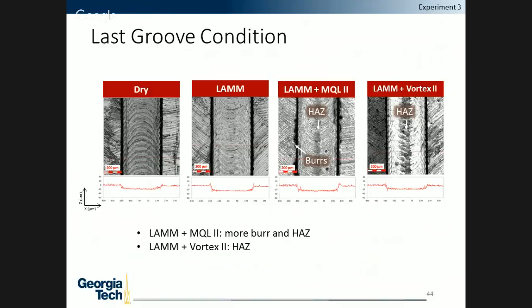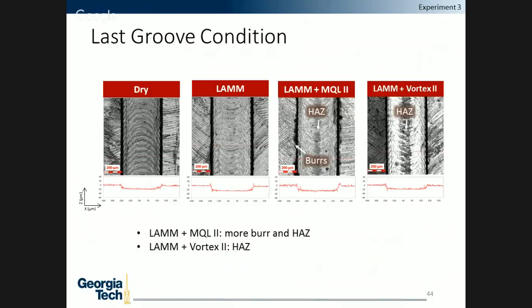This just shows the micro machinability and the groove conditions. There's not really a significant change in these grooves, but there are some things to notice. One is that with the inclusion of MQL, we saw that the burr sizes did increase. Along with that, for both LAMB plus MQL and LAMB plus Vortex 2, we see heat effect in the workpiece, as seen by these streaks in the very center.